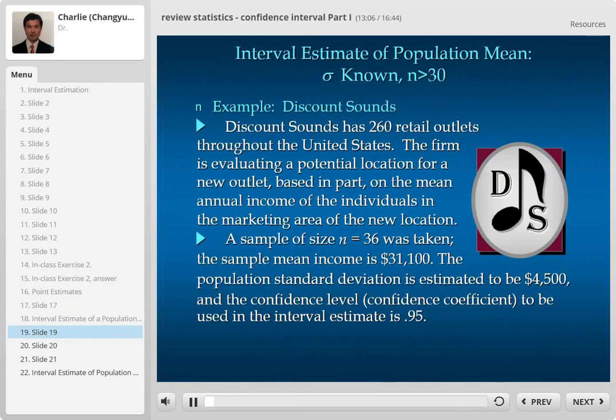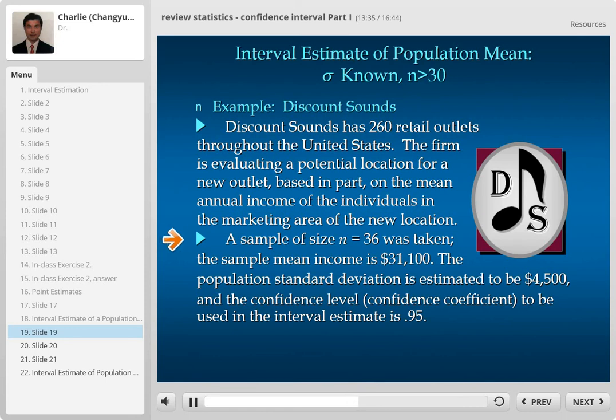We're going to use an example to illustrate this formula. Here's the example. Discount Sons has 260 retail outlets throughout the state. The firm is evaluating a potential location for a new outlet based in part on the mean annual income of the individuals in the marketing area of the new location.